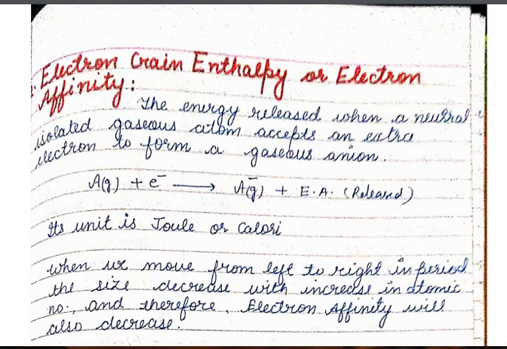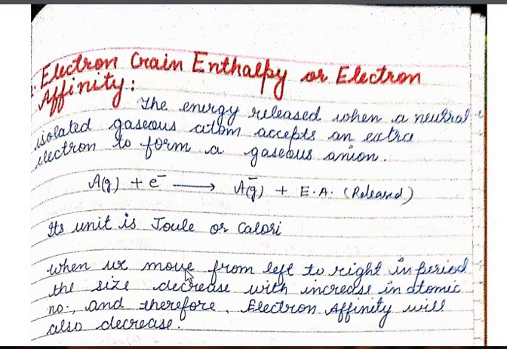When an atom in gaseous state accepts an extra electron to form an anion in gaseous state and releases some energy, then this released energy is known as electron affinity. Its unit is joule or calorie.